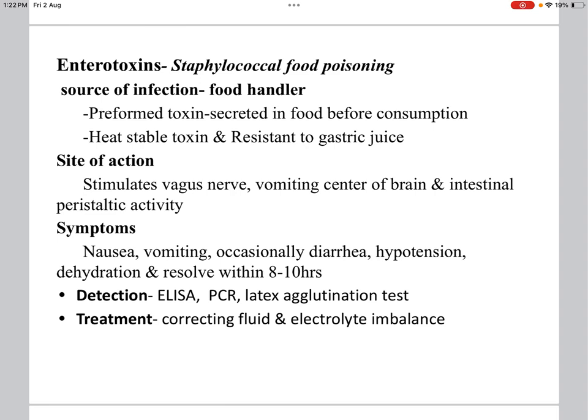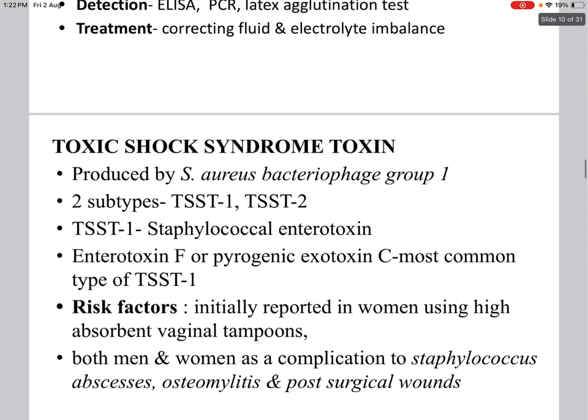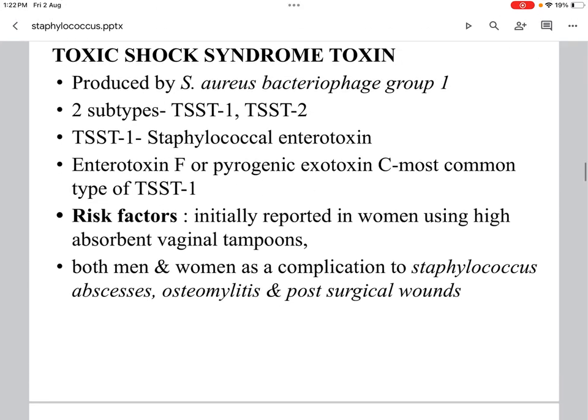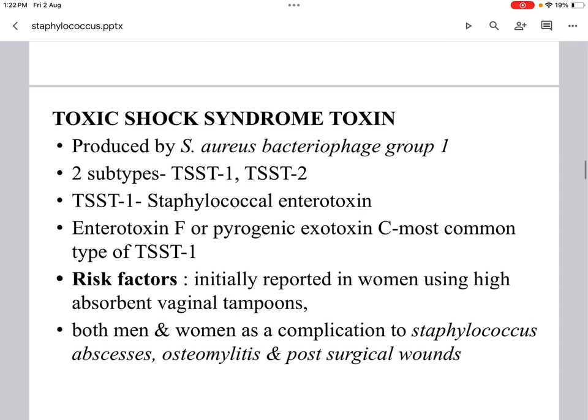So it is the toxin responsible for causing the symptoms of food poisoning that include nausea, vomiting, diarrhea, etc. And the next important toxin is toxic shock syndrome toxin.